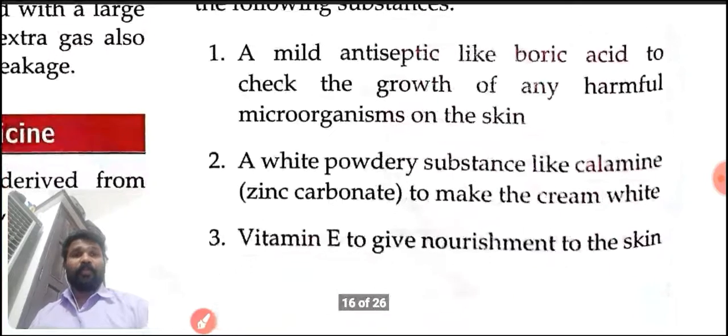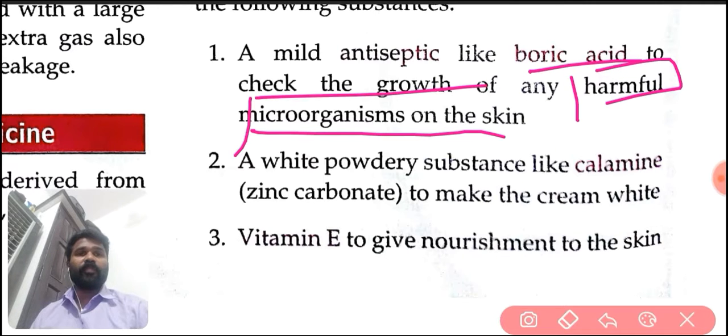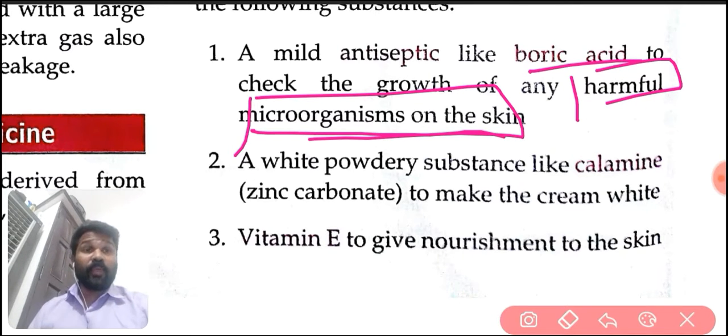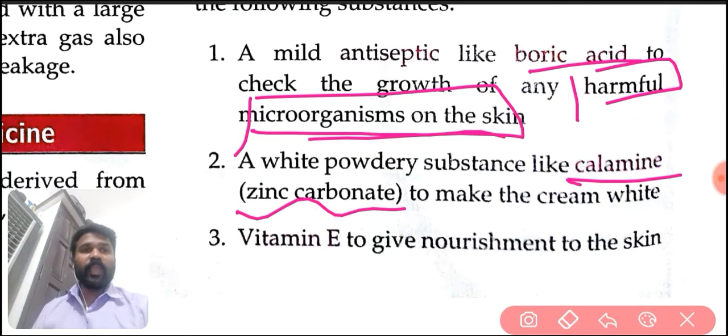First one, a mild antiseptic like boric acid to check the growth of any harmful microorganisms on the skin. Also a white powdery substance like calamine, zinc carbonate, to make the cream white.